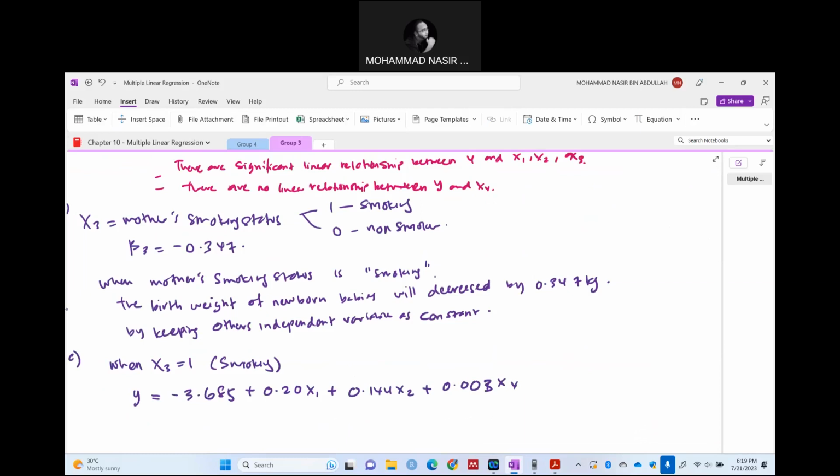When x3 equal to 0, y should be equal to negative 3.338 plus 0.20x1 plus 0.144x2 and 0.003x4.